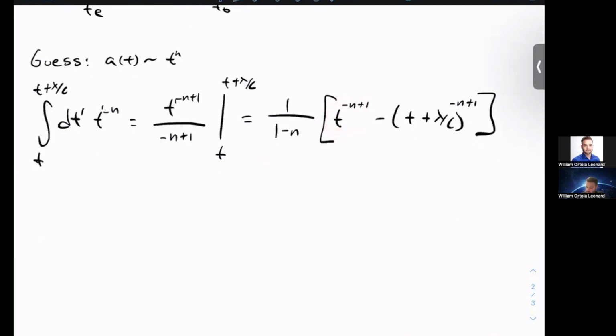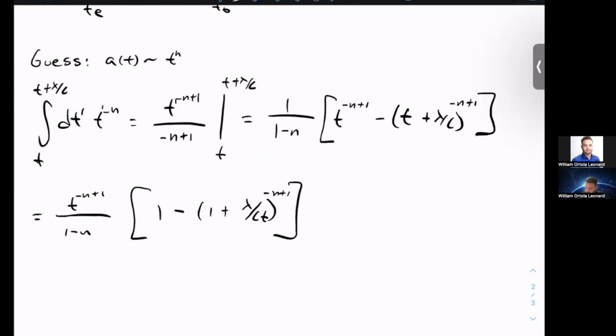Here we have t plus lambda over c. What we're going to end up finding is the following: t to the negative n plus 1 divided by 1 minus n, and then 1 minus 1 plus lambda over c times t, to the negative n plus 1.